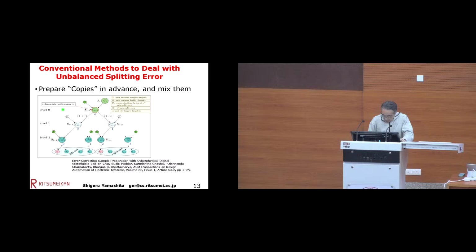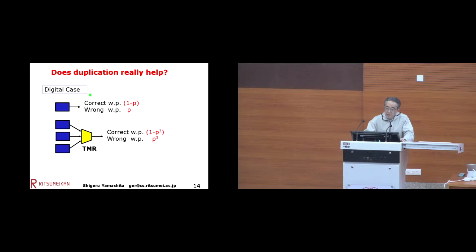But after that, we considered, so this is not research, but I just consider what happens in biochip designs. Because in the digital case, you may know that the fault tolerant issue is very easy.